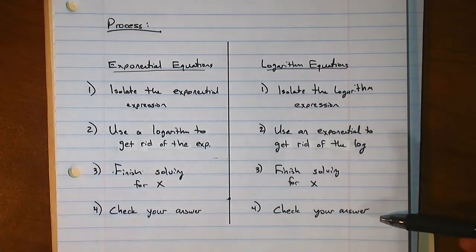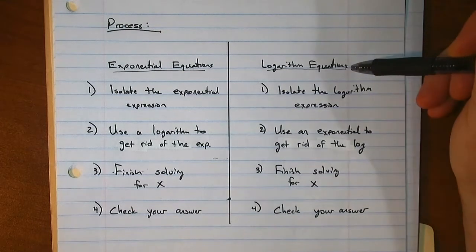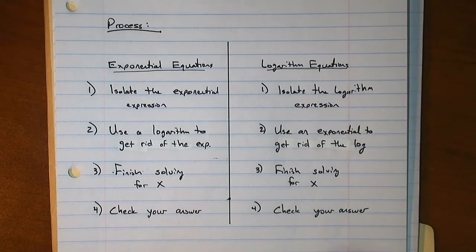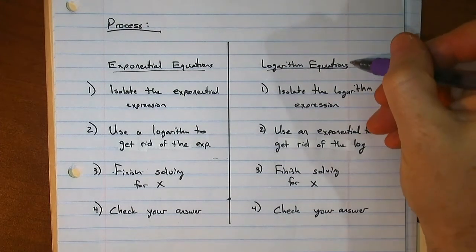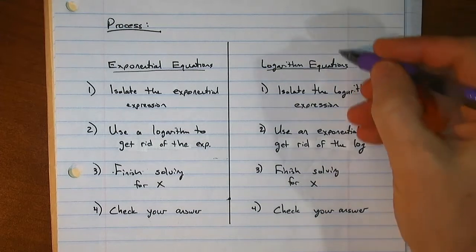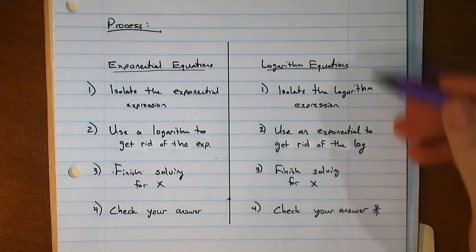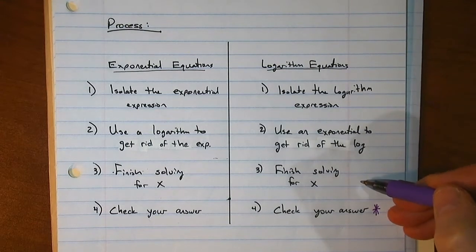And like always, any good mathematician always checks their answer. That might be particularly important when you're working with logarithms. Because remember, logarithms do not have a domain of all real numbers. In other words, when I'm solving a logarithm equation, it's possible that I'll get an answer here like -5.